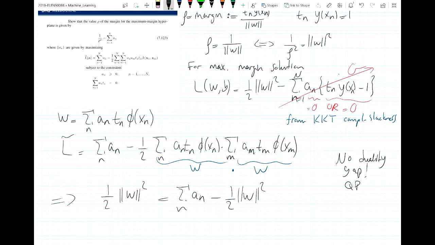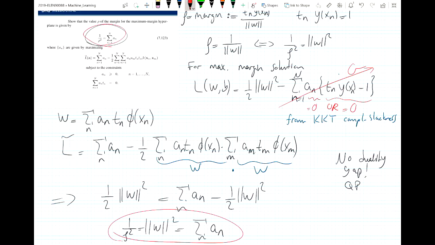I get the w square, but that is the same as 1 over this, which is what we have been looking for, right? So this is then equal to a_n, right? So this is the result we have been looking for. Let me delete this. So we end up with this result.